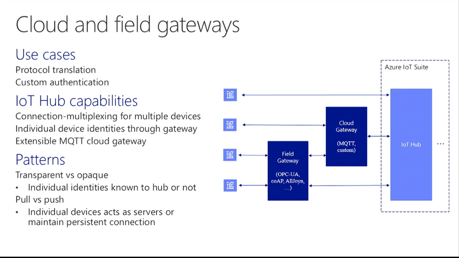For many personal area network devices, a very common pattern is to have them act as little servers, so that they receive calls when they want to be contacted. In this case, the field gateway has effectively to mediate between these two patterns, which means that it has to know in advance which devices it's listening for, and it is responsible for with respect to the IoT Hub.